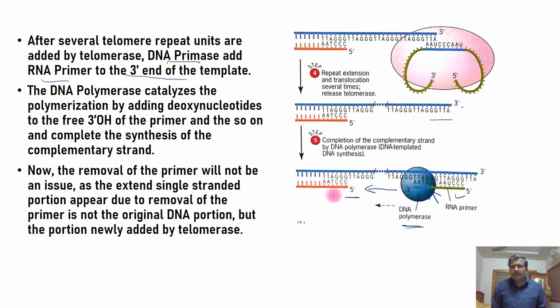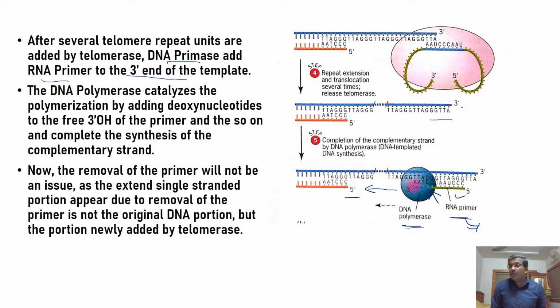Now what will happen? The normal process, removal of this primer, will take place, and this removal will not create any problem. Why? Because there will be an extended single-stranded portion due to the removal of this primer. But this extended single-stranded portion is not the original portion of the DNA.